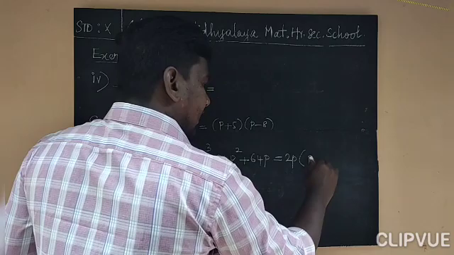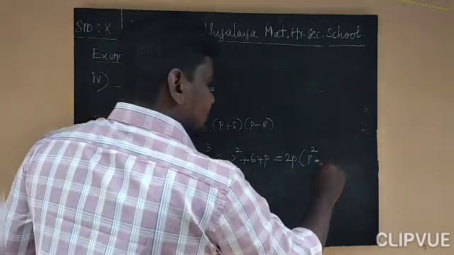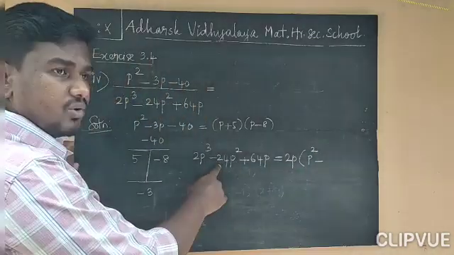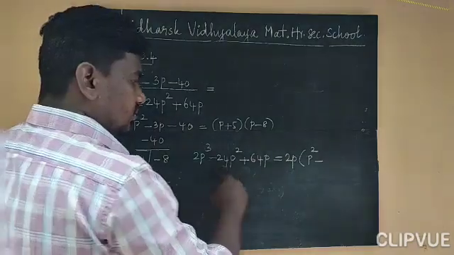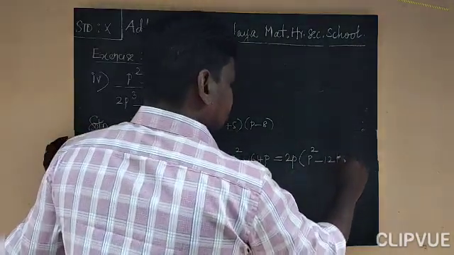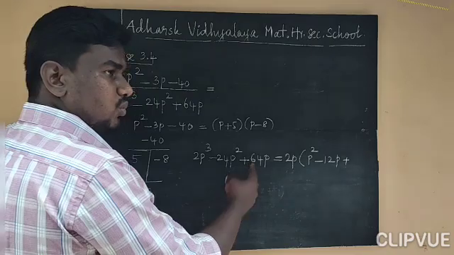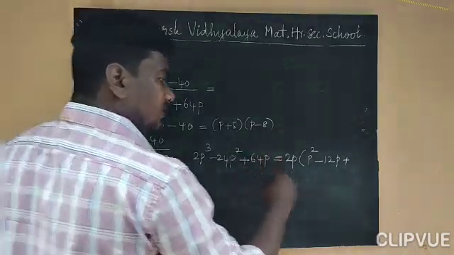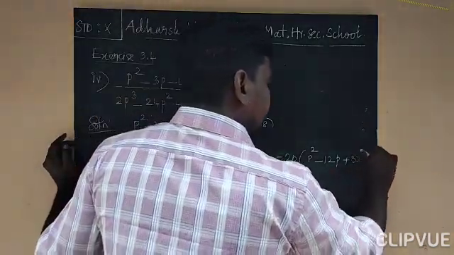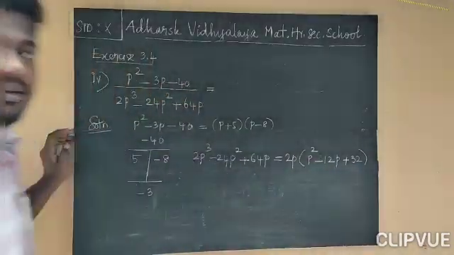Remaining p square, minus 12, since 12 into 2 is equal to 24. So we took 2 out, so 12 is there. Minus 12p, plus 2 already taken out, so 32 will be there. So 32. So this is the quadratic.